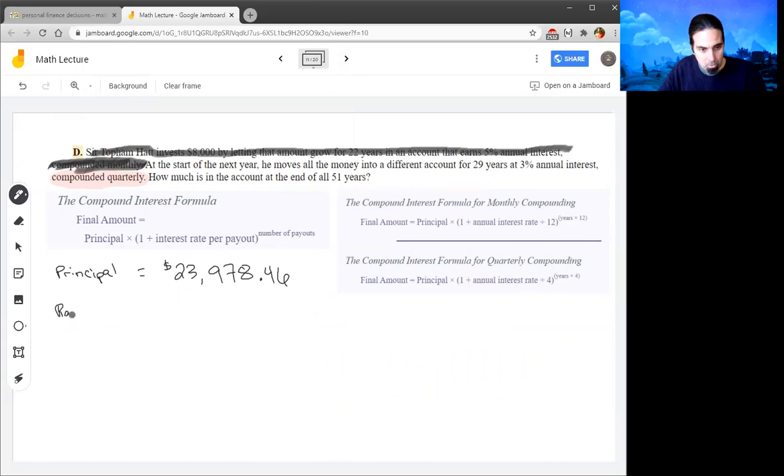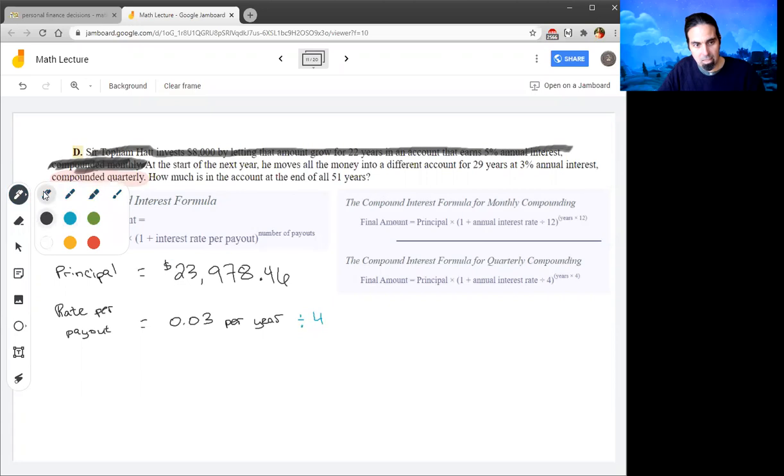The rate per payout. It's 3% per year, so 0.03 after doing the decimal point scoot twice, divided by 4. We have to share it among each quarter. So 0.0075.